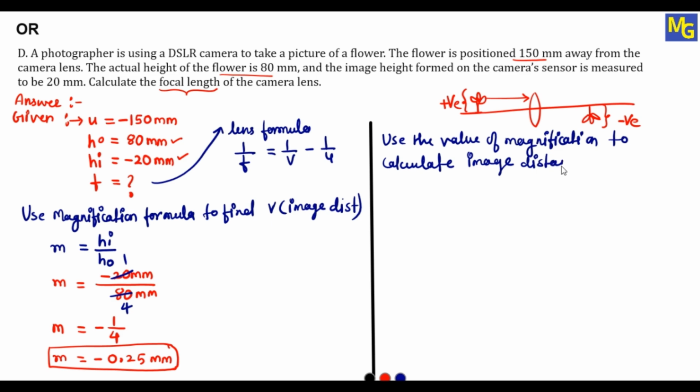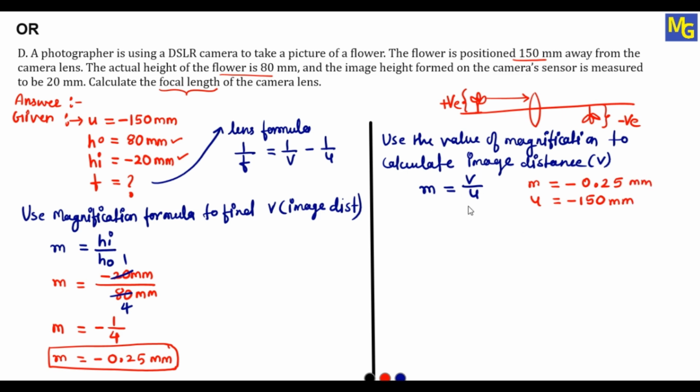Image distance means nothing but small v. So what is the formula? We have the relation m is equal to v divided by u. Already we know m. So what is m we have got? m is equal to minus 0.25. And what is u? u is equal to minus 150. These are the values which we have. Now substitute these values to find V.